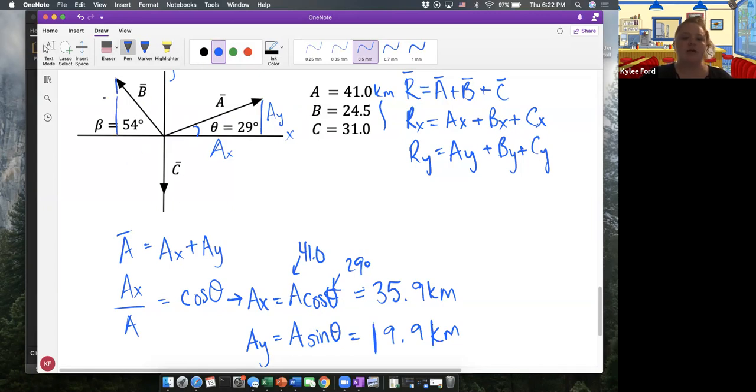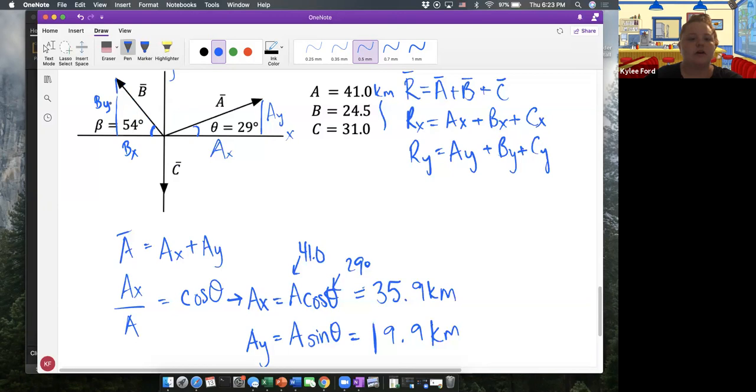We will continue this going around. We can look at B. So we have a BX and, oops, my bad, I meant to draw BY right there: BY and a BX. We do the exact same thing. We have this angle here, beta, and we have our hypotenuse.